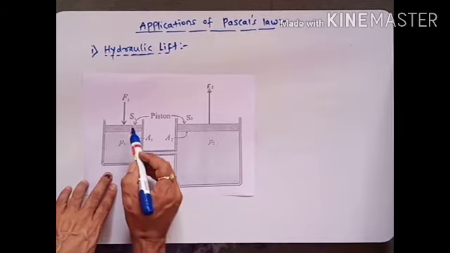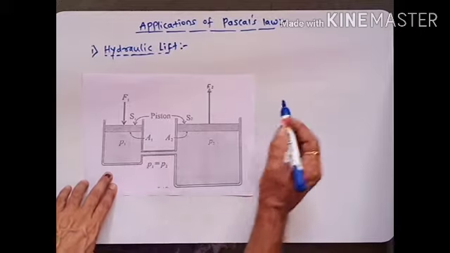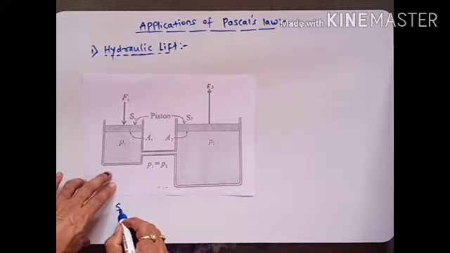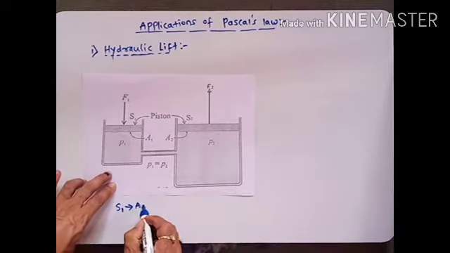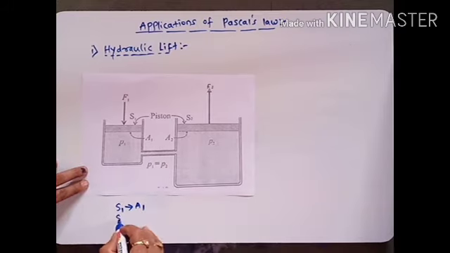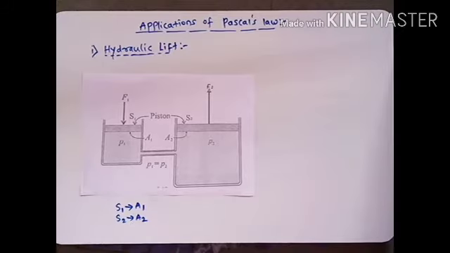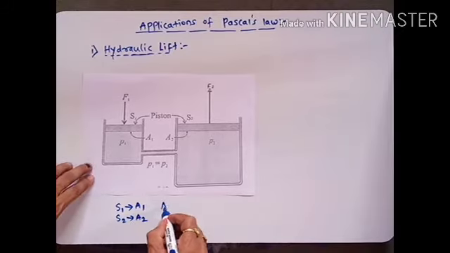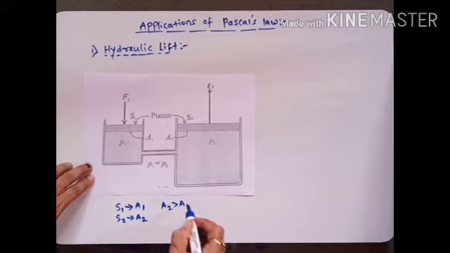S1 has area of cross section A1, and S2 has area of cross section A2 such that A2 is greater than A1.